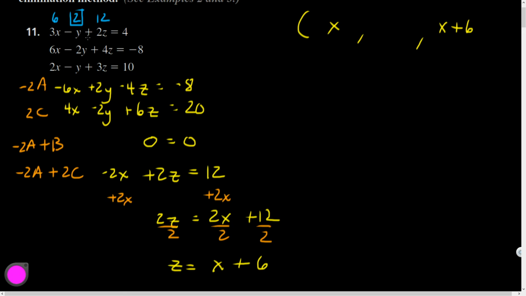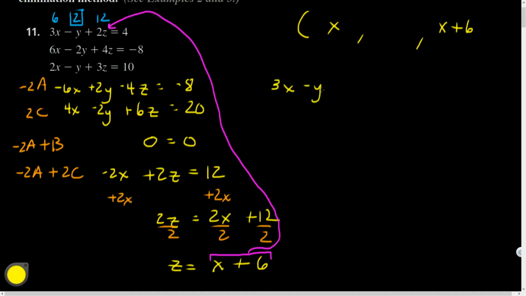Well, I've got to solve for y in terms of x. And so I'm going to plug this in here and solve this equation for y. So let's see what I got. So 3x minus y plus 2, and instead of z, I'll write that expression right here.